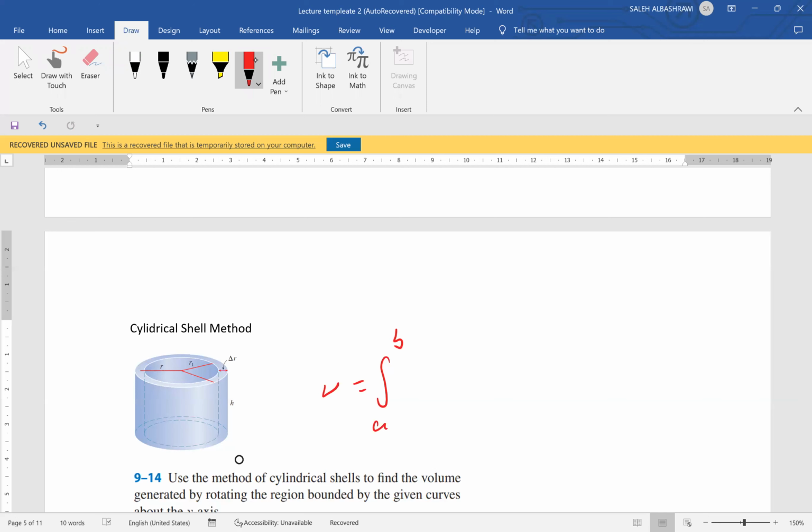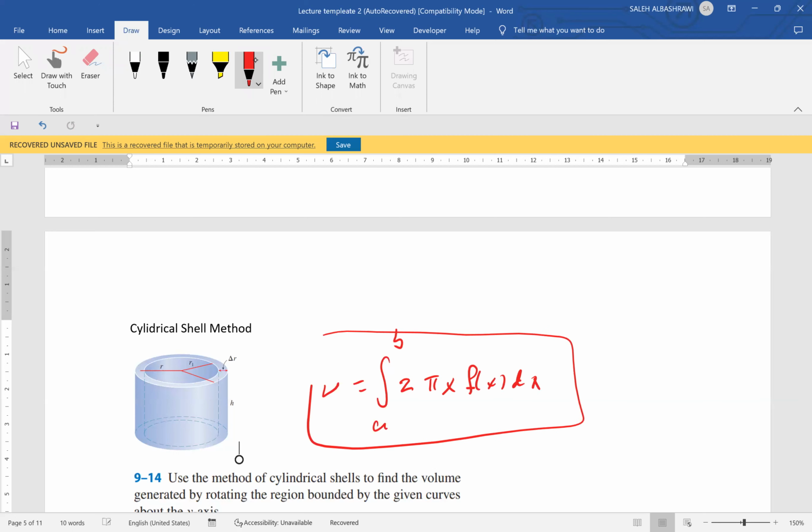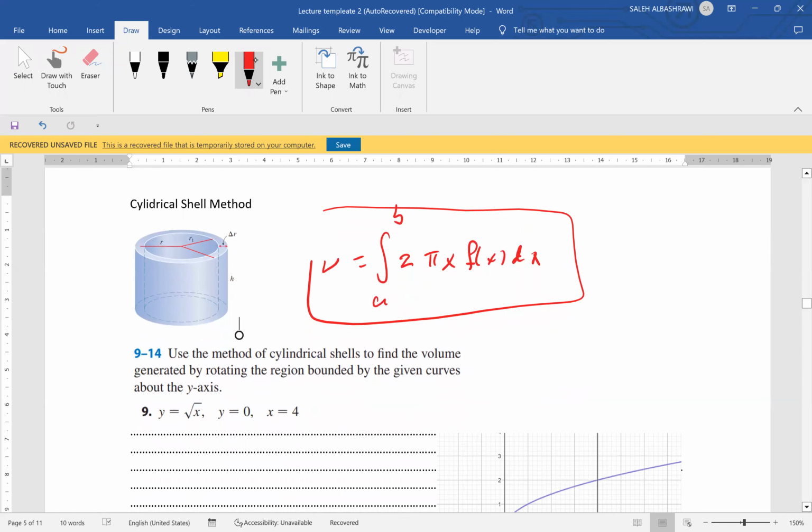But for this one, we are rotating about the y-axis, so we get that it is 2π x multiplied by f of x dx. This was the general form for finding the volume for the cylindrical shell. To apply this formula for finding different solids, let's have some examples.